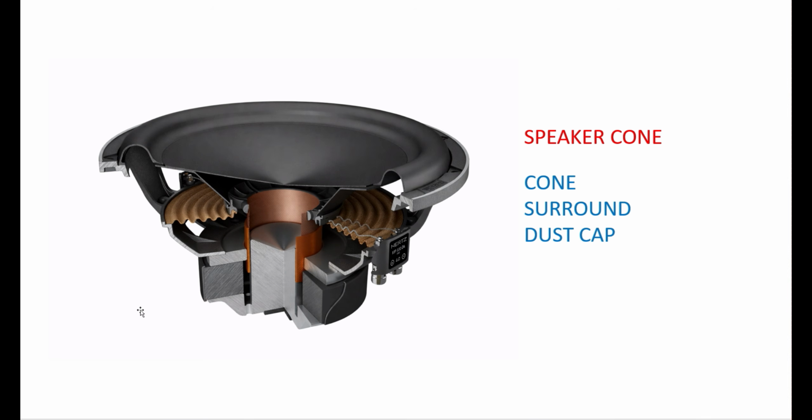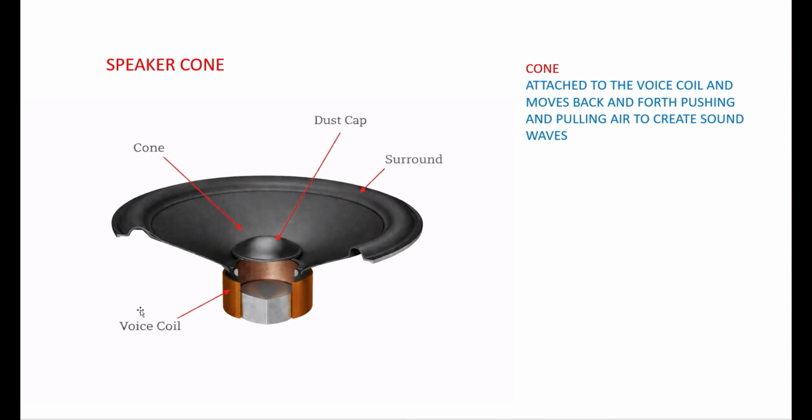All right, the next bit we want to look at is the speaker cone. It is made up of the cone, the surround, and the dust cap. The cone is this bit in the middle. It's the part that is attached to the voice coil, and it's the part that actually creates the sound, or the pressure waves, by moving up and down and creating those sound pressure waves in the air, which creates the sound that we can hear. The other part of the cone is the surround.